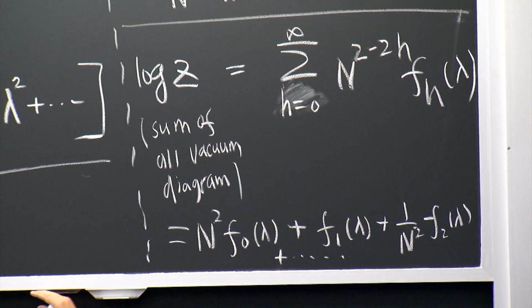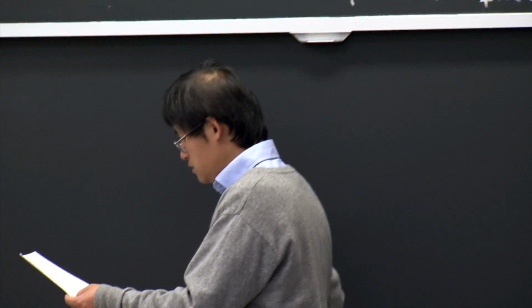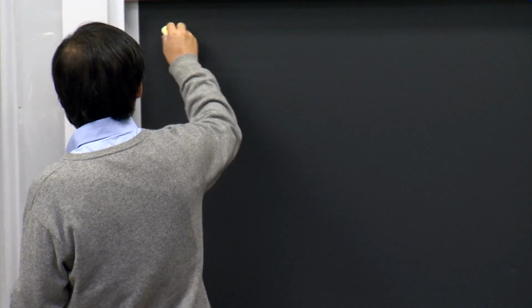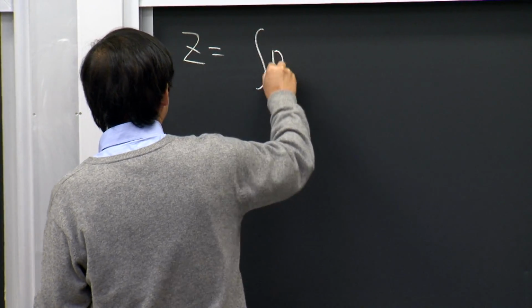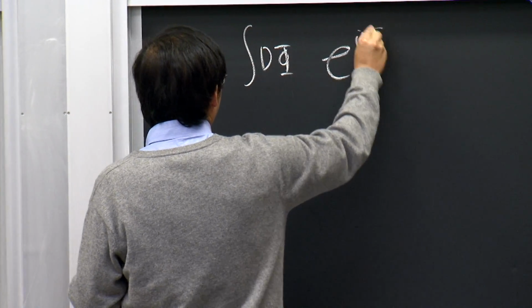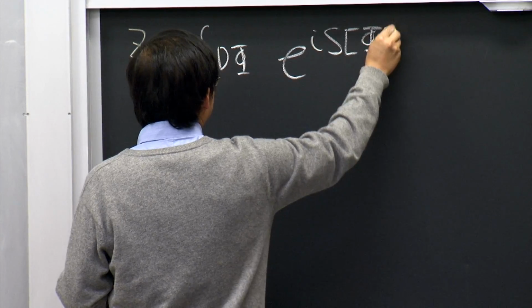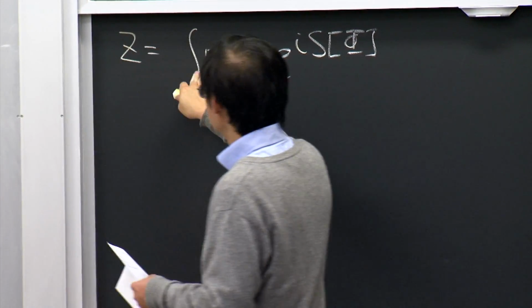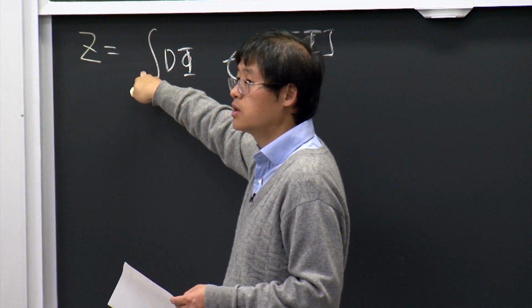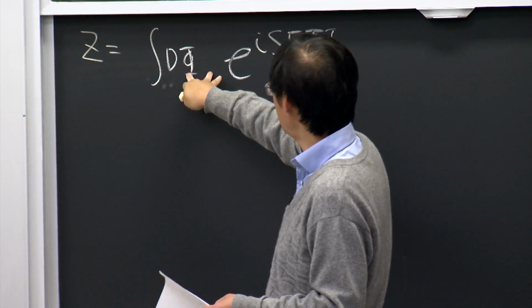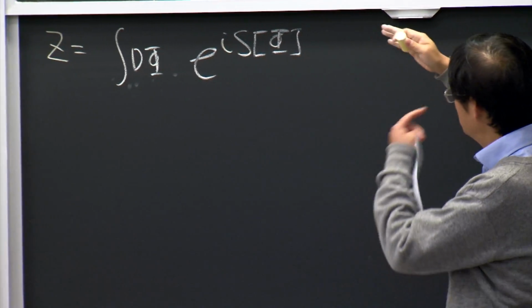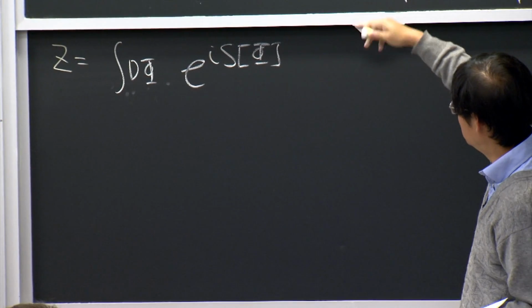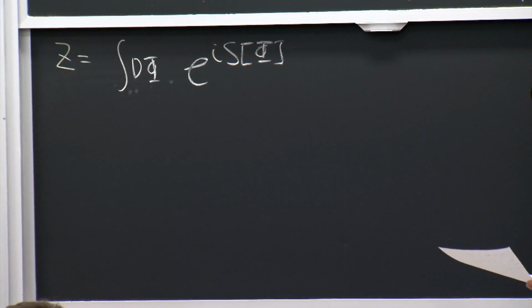So let me just write down Z explicitly. Z is the partition function, the path integral of e to the minus S of phi. If you compute this path integral with appropriate boundary conditions, then that gives you the vacuum energy. That's the vacuum diagrams.